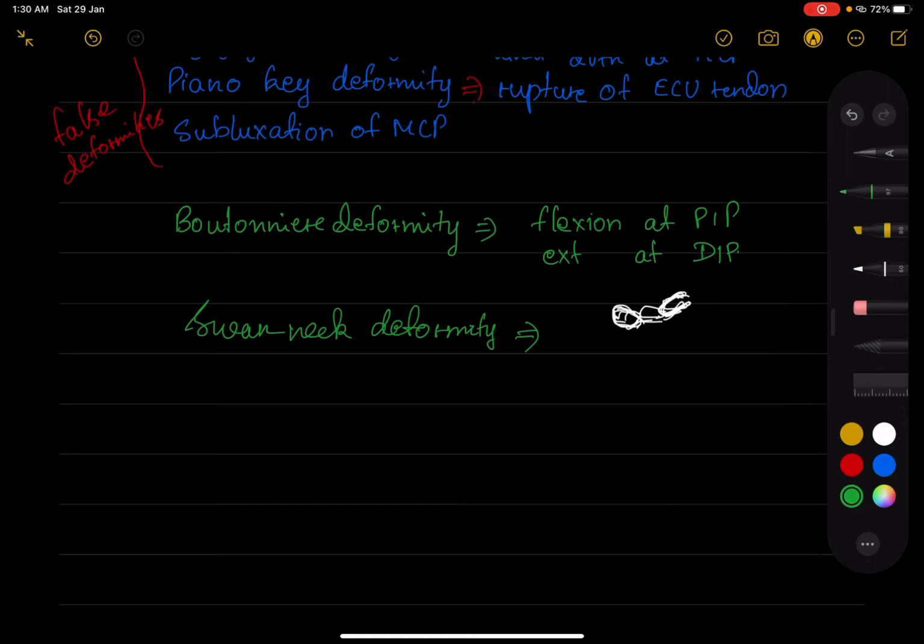The next one is hitchhiker's deformity. When it occurs in acute condition, it's known as hitchhiker's, and when it's seen in chronic condition, we call it gamekeeper's thumb.